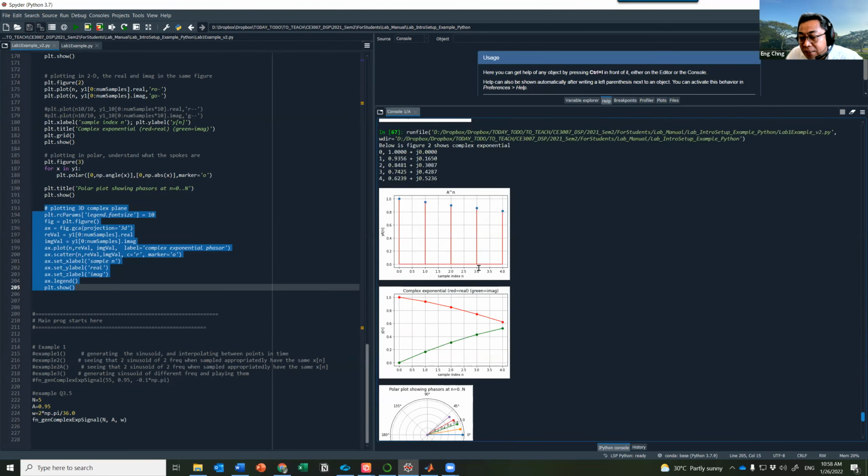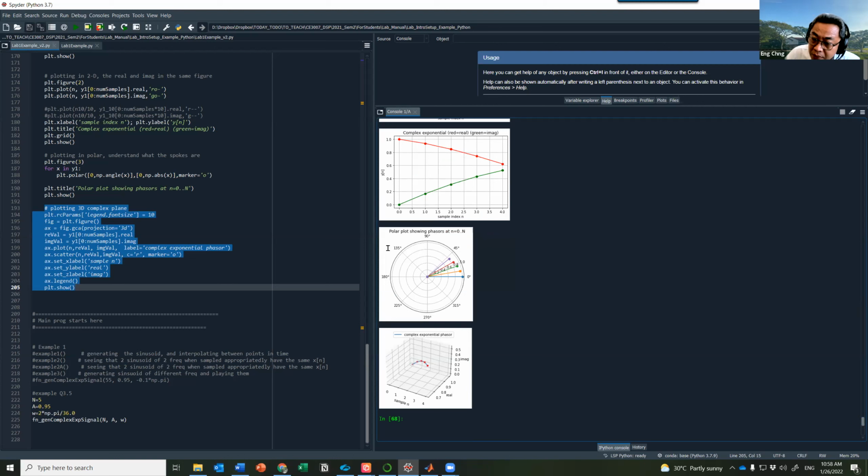All right, let us study the relationship between the polar plot and the 3D plot. In the polar plot, there is no time. Time is seen by one phasor going to the next phasor, going to the next phasor, but you cannot see time here. Where is time?